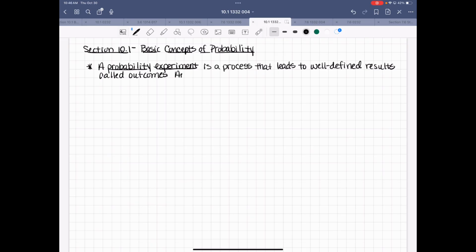An outcome is the result of a single trial of a probability experiment.